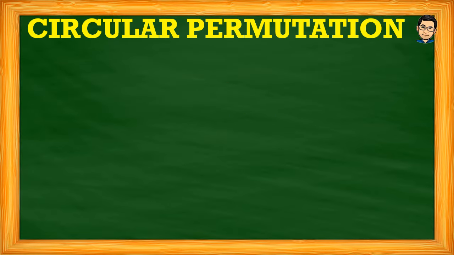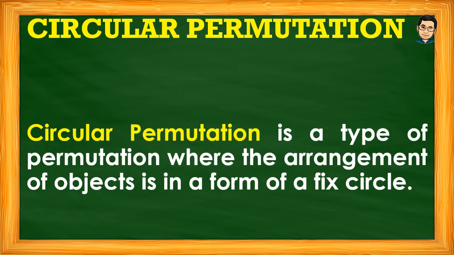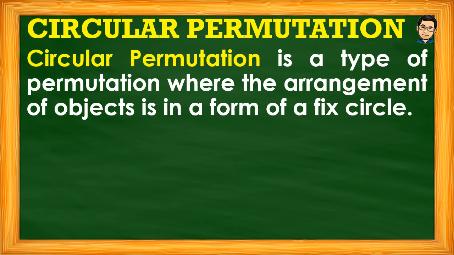Before we proceed to solving word problems involving circular permutation, let us first define what is a circular permutation. Of course, meron naman kayong idea kung ano ang itsura ng arrangement natin for circular permutation. Of course, we will be using a fixed circle.